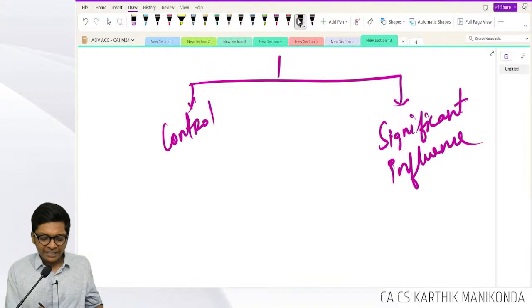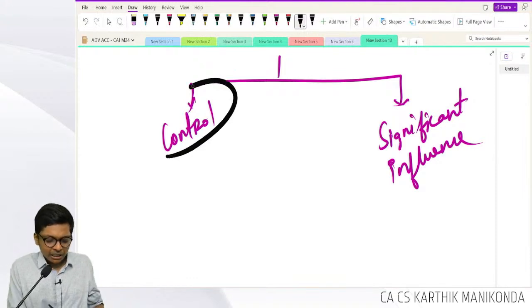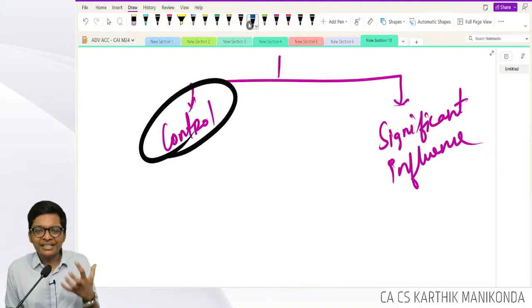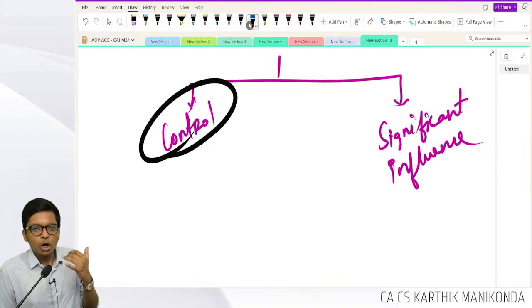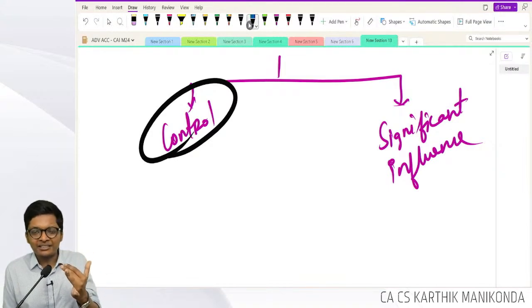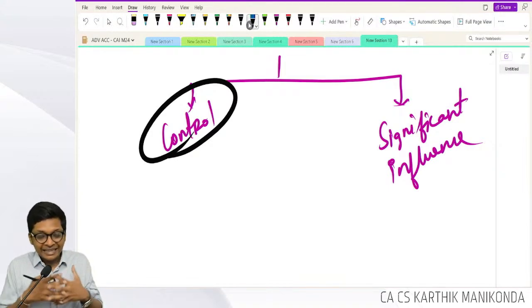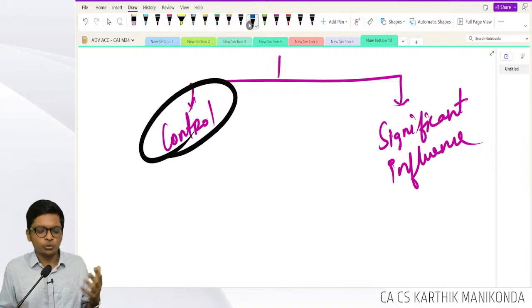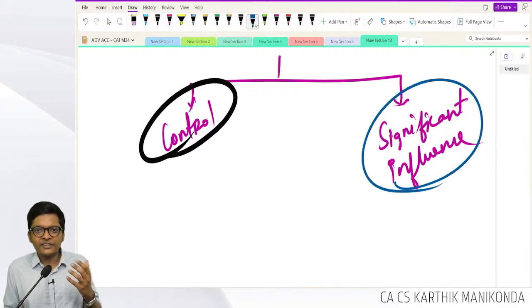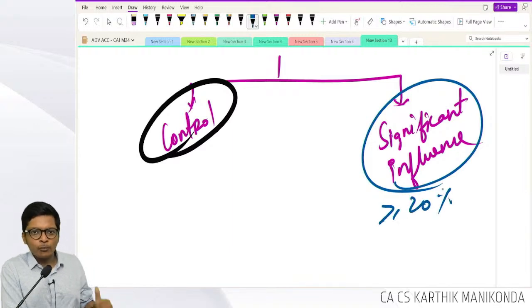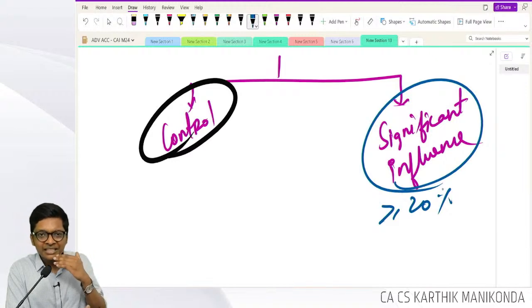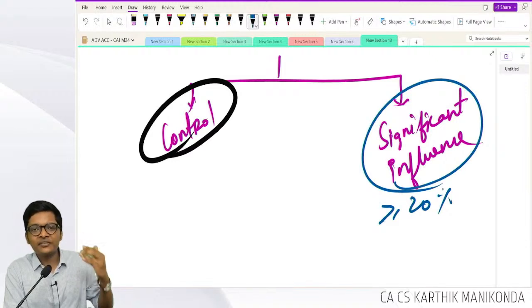Are you able to follow, guys? Control and significant influence. Control has a similar definition as in the Companies Act: controls more than half of the total voting power, or controls the composition of the board of directors, or controls the entity through an agreement or a statute. Significant influence, the test is 20% or more, but sometimes you might have more than 20% and still it's not significant influence.